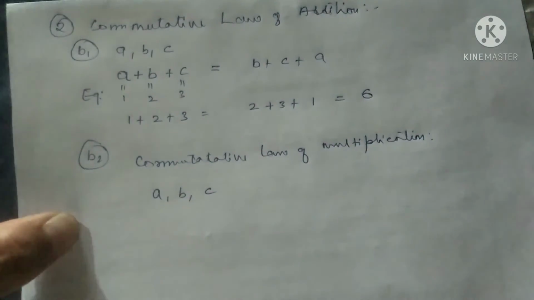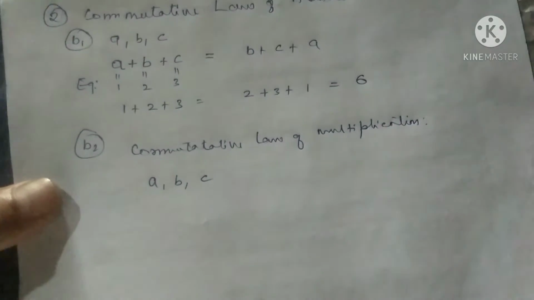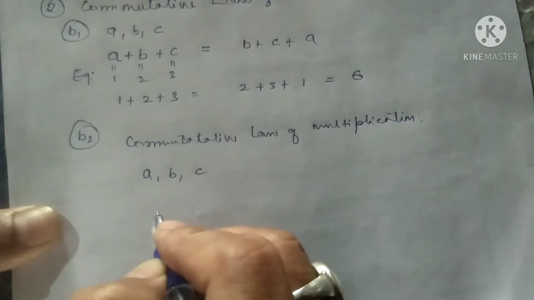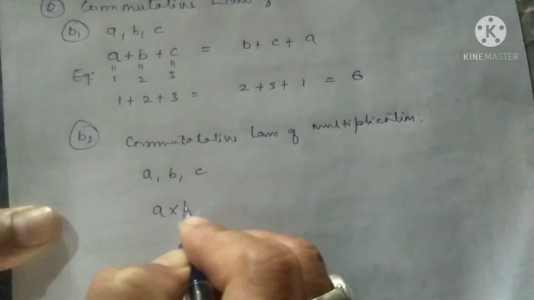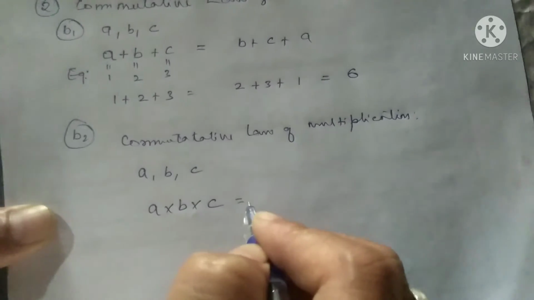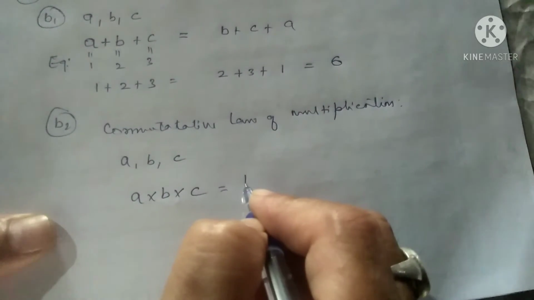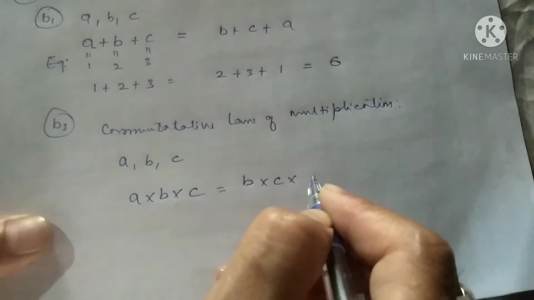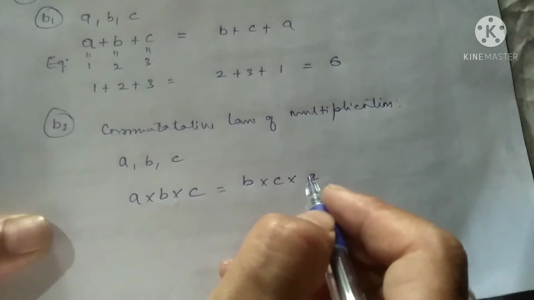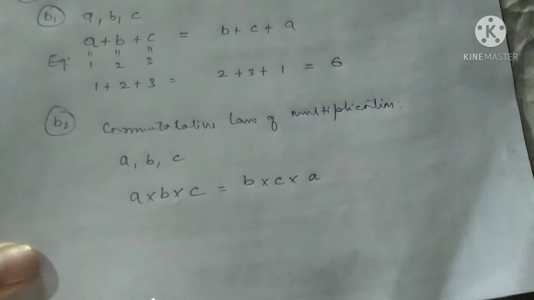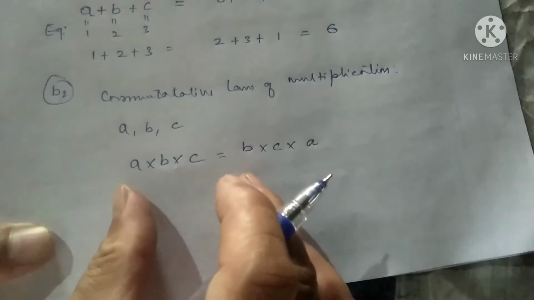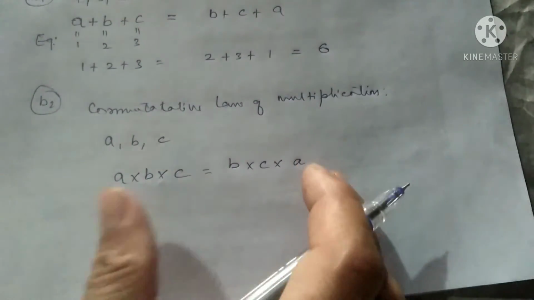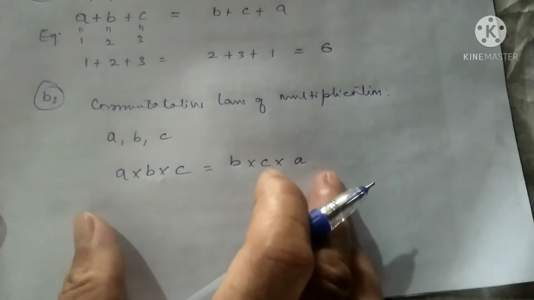Again we consider three real numbers A, B and C. We multiply these numbers by altering the positions on either side. A cross B cross C is equal to B cross C cross A. This is the commutative law of multiplication.